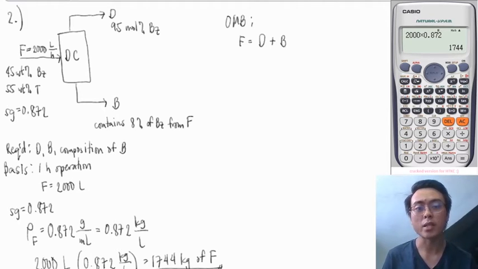The easiest way around this is you simply convert your distillates to a mass percent, and we can then carry on with our OMB. Or you can convert your feed to a mole percent, and we can carry out with the OMB because again, there's no chemical reaction, so you can perform the OMB with either mass or mole units, it doesn't matter. But it's way easier to convert the distillates to mass percentage compared to converting the feed to mole percentage because we already have the mass of the feed.